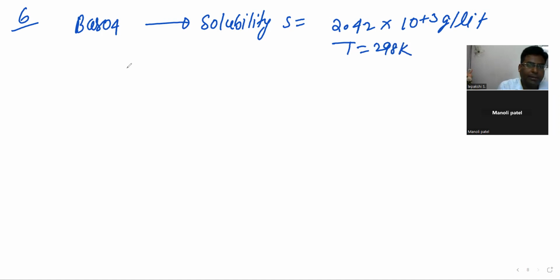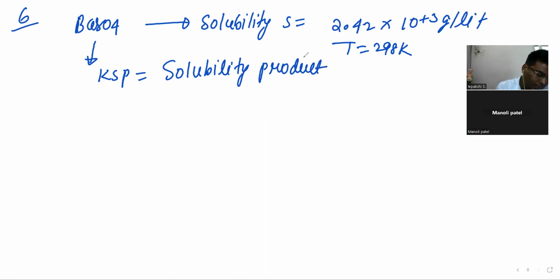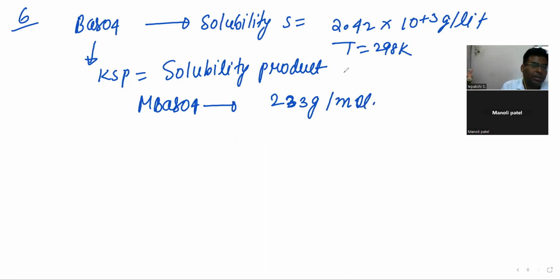The value of the solubility product is asked. So Ksp is nothing but the solubility product. The molar mass of barium sulfate is given as 233 gram per mole. This was asked in 2018.